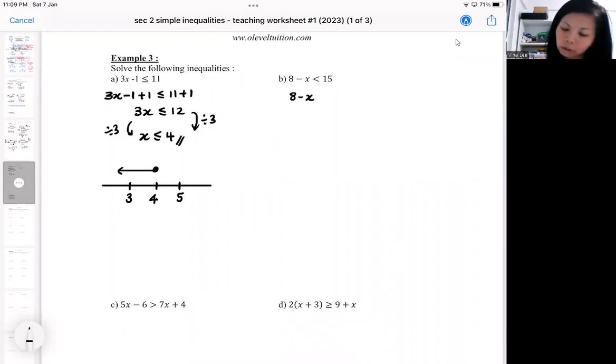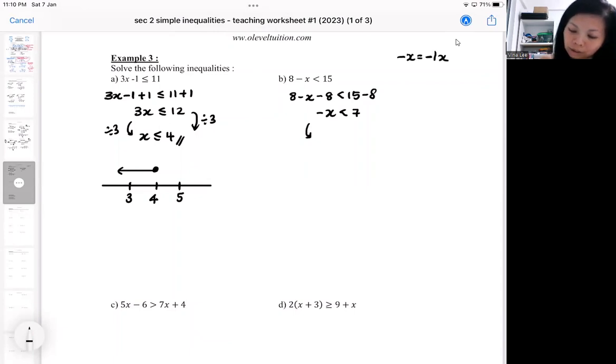In this question here, I'm going to subtract 8 on both sides. A lot of people will stop here, but when you stop here, it is actually wrong. It is not 1x. In this case, negative x is actually negative 1x.